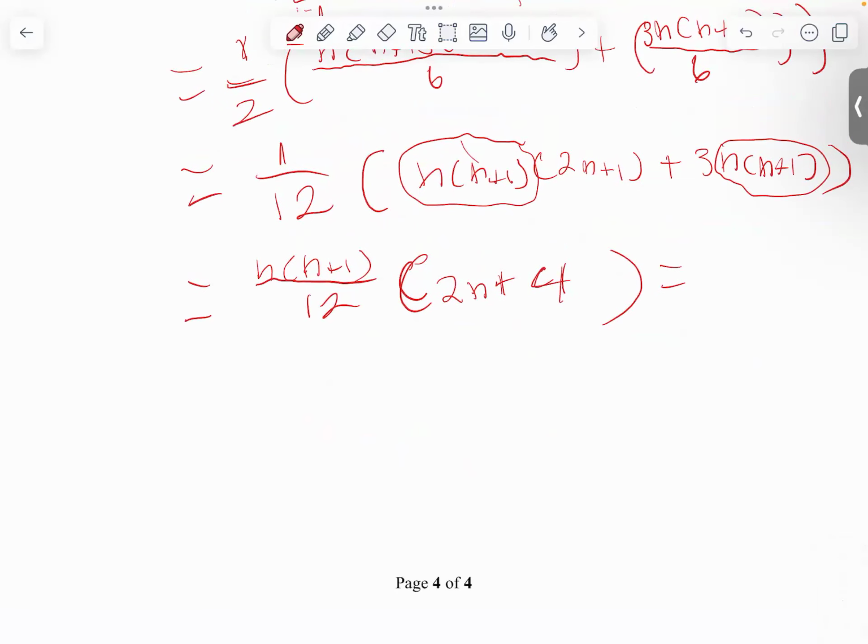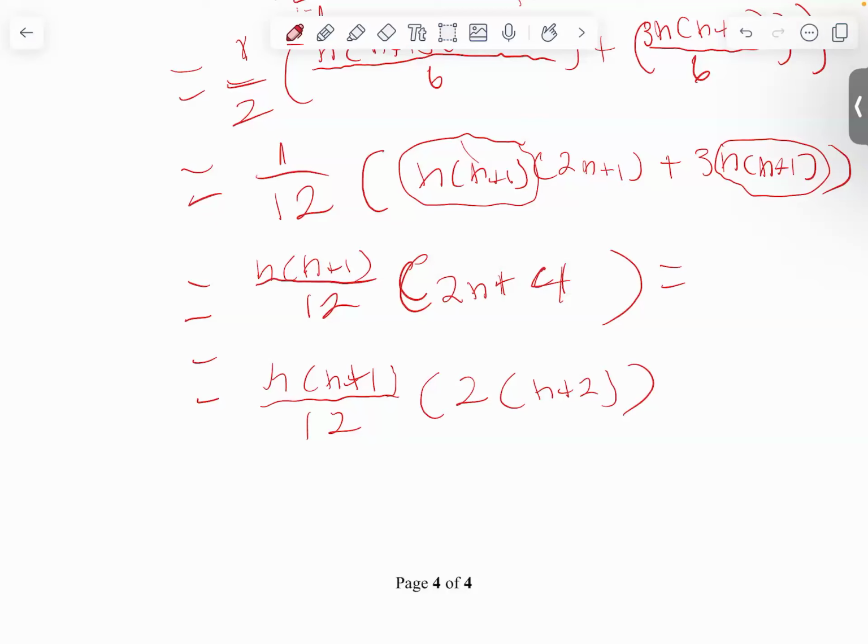And then from here, we can pull out... So this is n times n plus 1 over 12, and then these are both multiplied by 2. So we can pull out a 2 and have this be n plus 2.